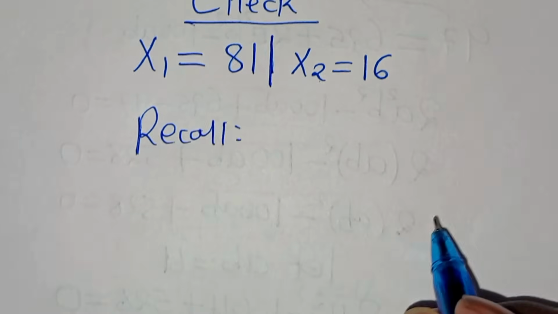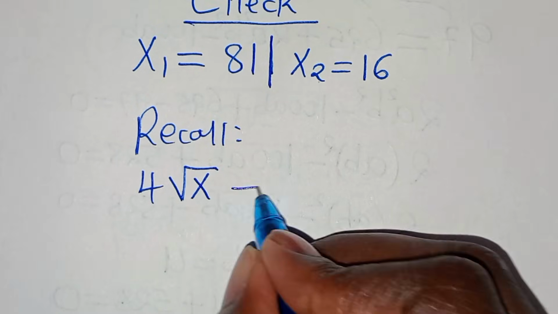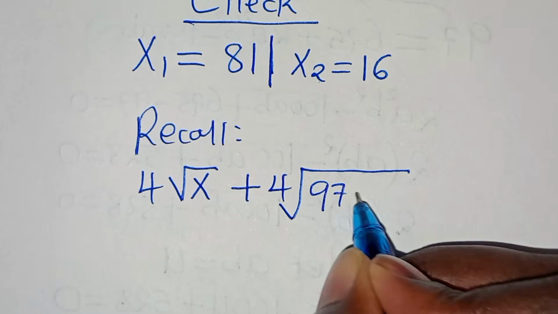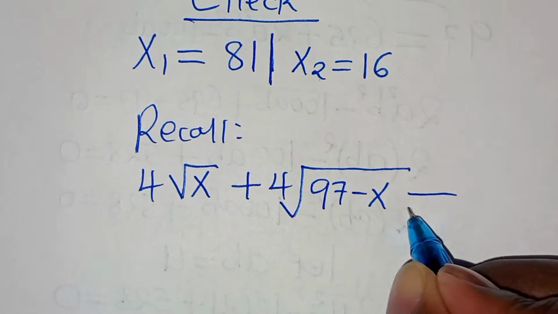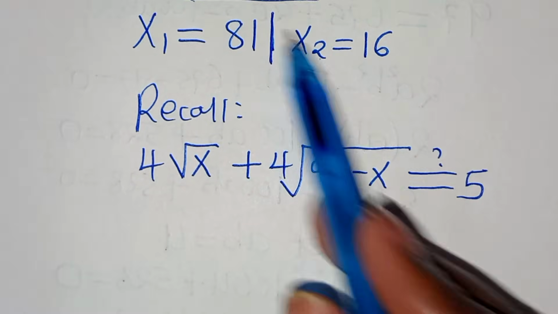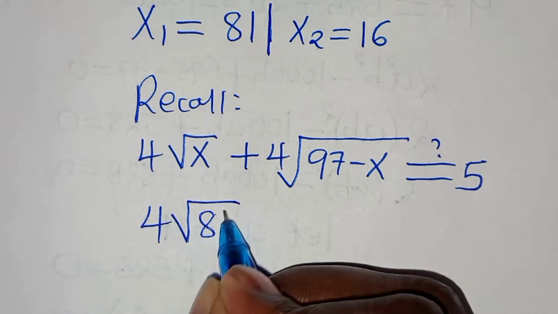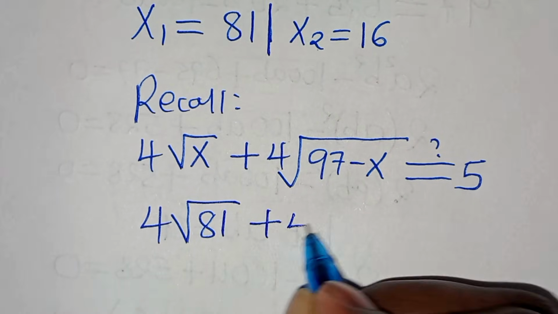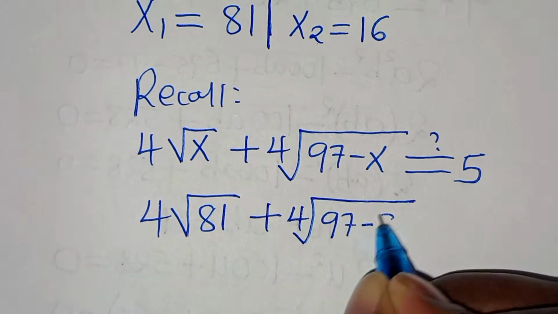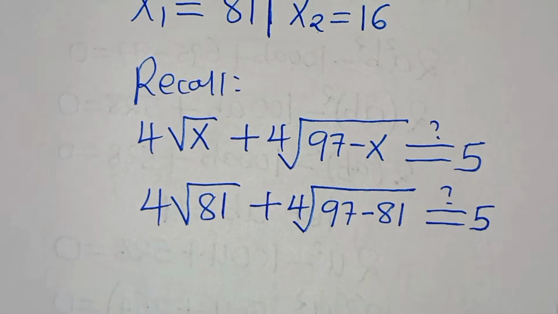Now, if you recall, the fourth root of x plus the fourth root of 97 minus x should give us a value of 5. Let's start with x1, which is 81. So we have the fourth root of 81 plus the fourth root of 97 minus 81. This should give us a value of 5.